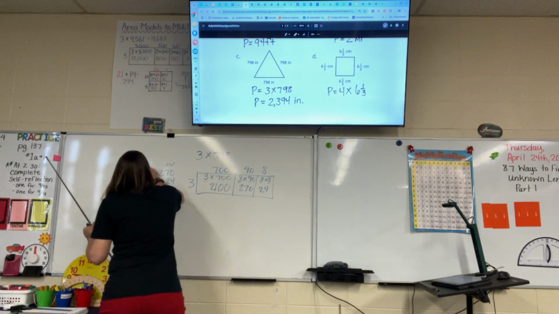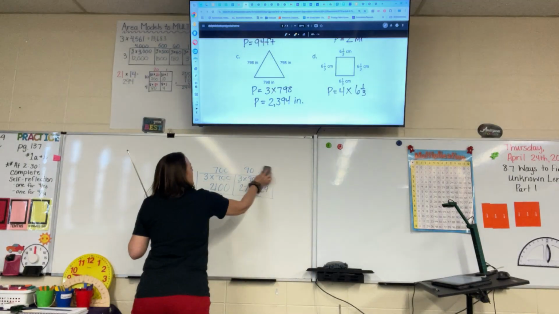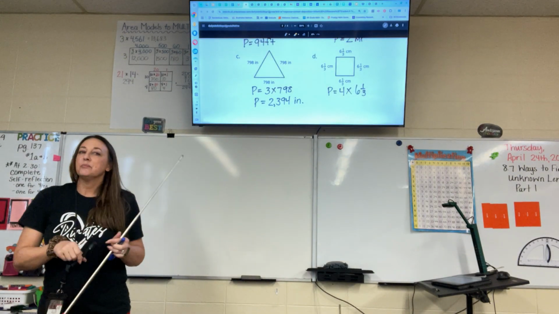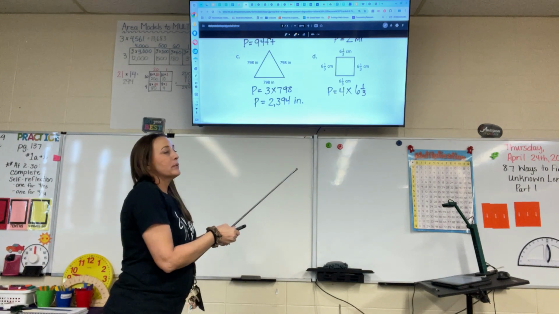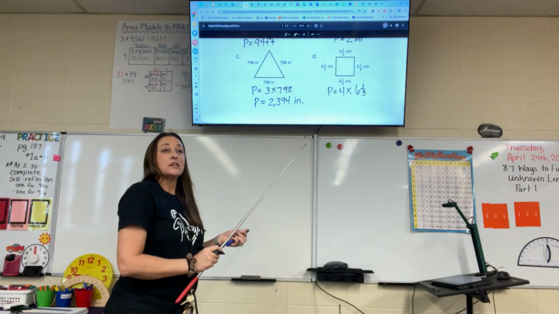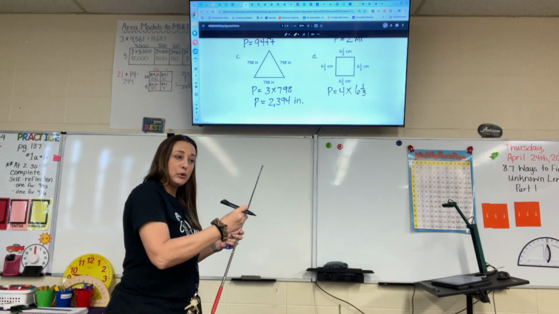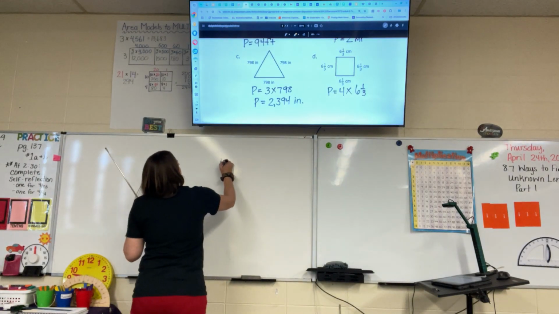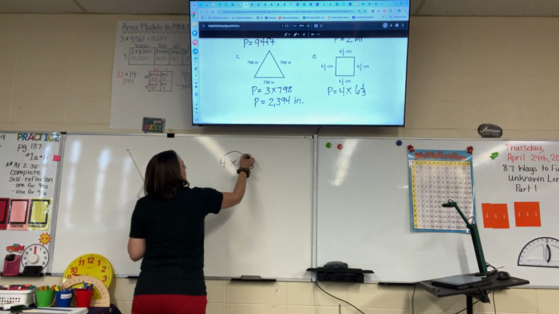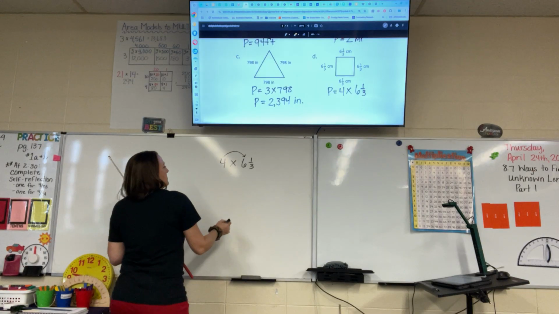When you multiply a whole number times a mixed number, that means you have to multiply the whole number times the whole number and the whole number times the fraction and then put them together. So if we're doing 4 times 6 1/3, we do 4 times 6, what's that? 24.